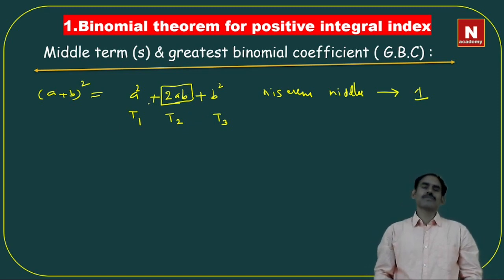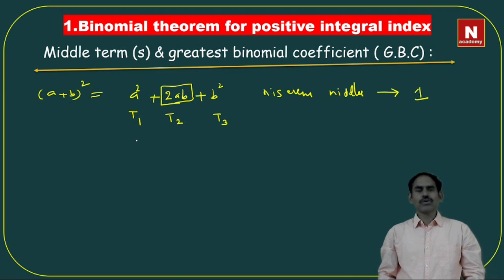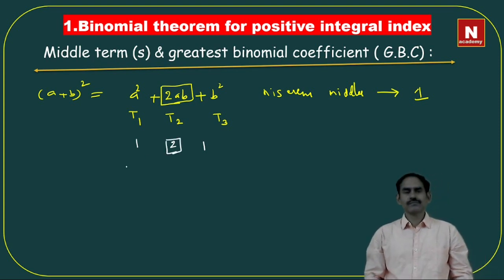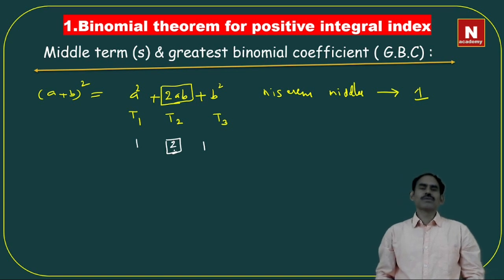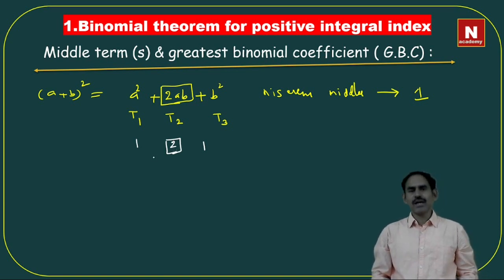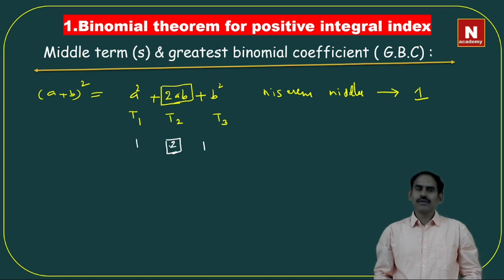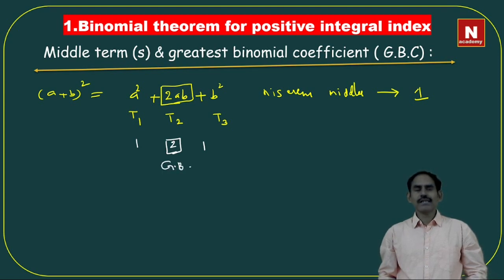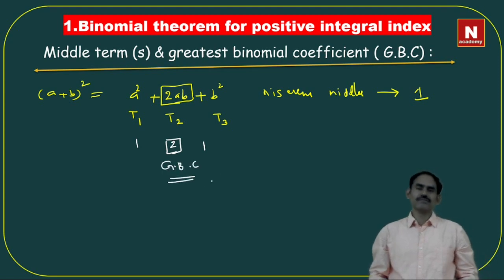See here, observe the binomial coefficients in this. The binomial coefficients are 1, 2, 1. Here 2 is the binomial coefficient of the middle term. Which is greatest? Observe this: this is 1, this is 1, 2 is greatest here. So that's why this 2 is called the greatest binomial coefficient, GBC.